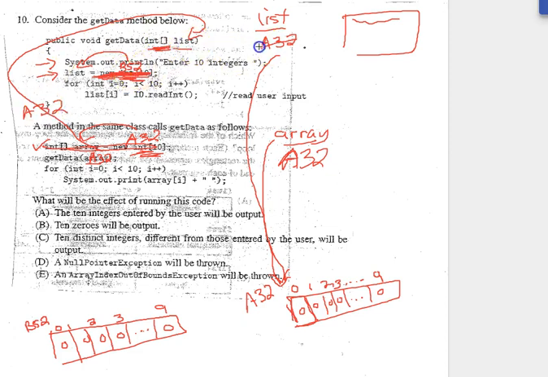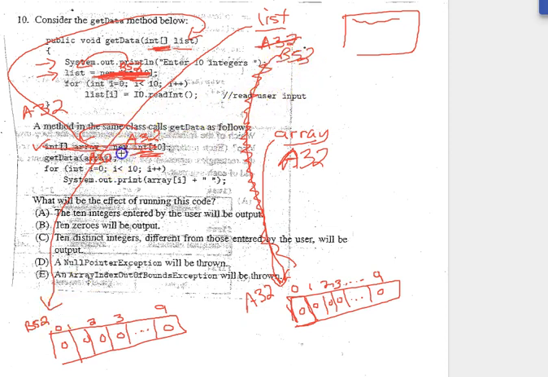That B52 is overwriting that, and no longer does the variable name list point to this object. Intuitively, this parameter, this variable, points to B52.